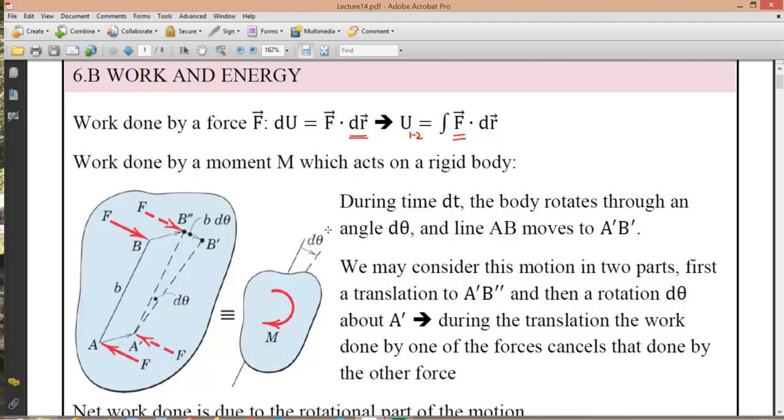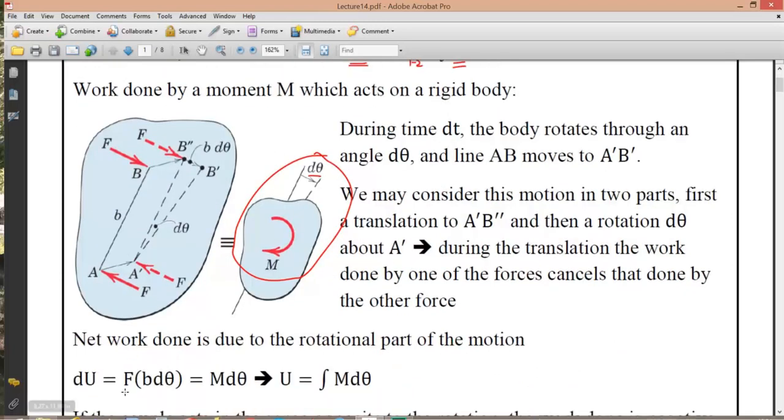The equivalent diagram of this is shown over here, where there's this moment acting in the clockwise direction, and as a result there's this angular displacement, a finitely small amount of angular displacement that is defined as d theta, and we can calculate the work done by this moment or force couple in this way. If we use the force couple, then we take the moment about this point, there's this force acting on it, and the distance of that force is calculated. The displacement caused by that force is calculated as b d theta.